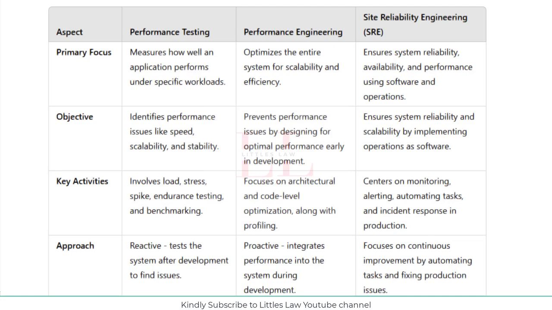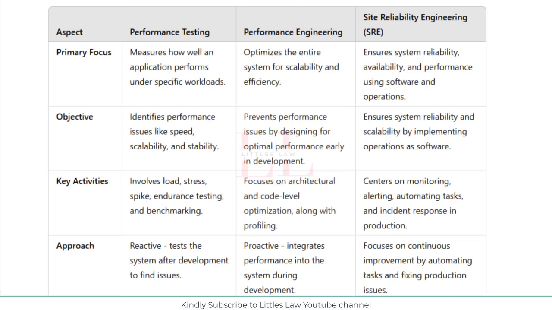This means testing the system after development to discover how it performs under different conditions and workloads. And that's why we use load testing, scalability testing, and stress testing as well. All these testing types are used to identify performance issues.